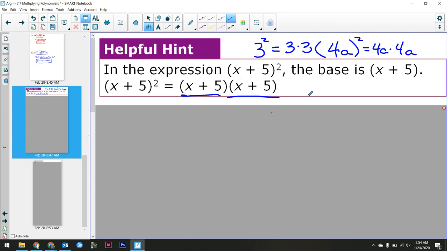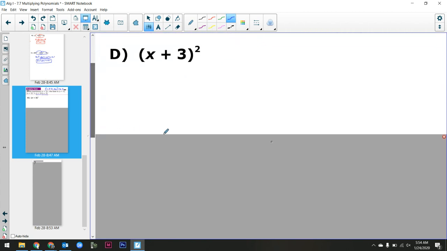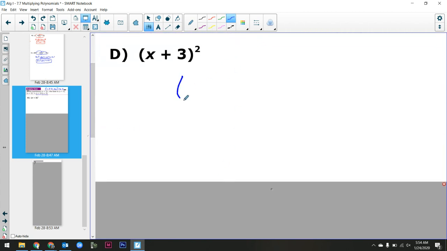If you've got x plus 5 squared, you have x plus 5 times x plus 5. So if you've got x plus 3 squared, you have to do x plus 3 times x plus 3.